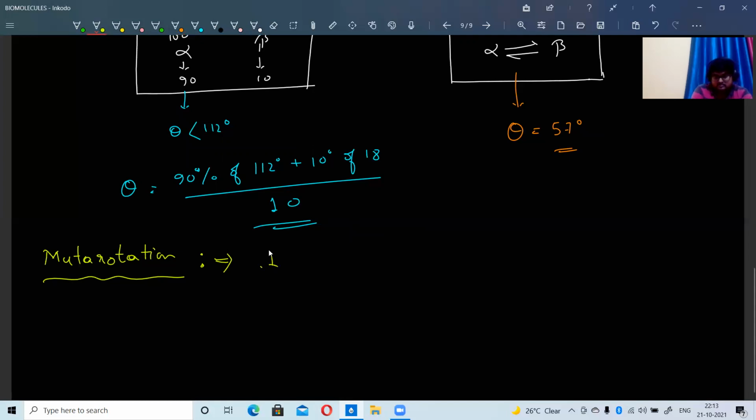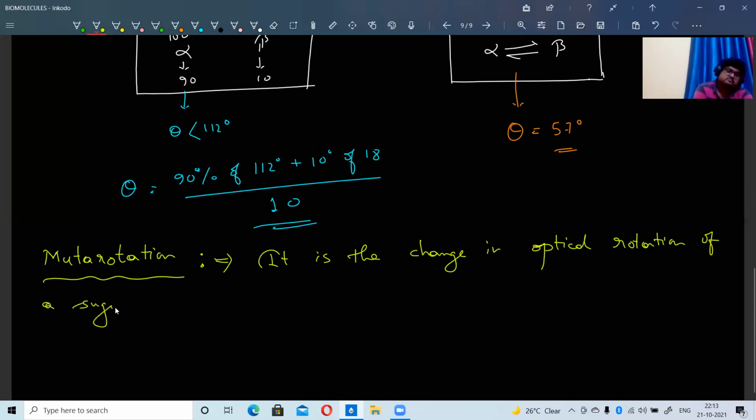It is the change in optical rotation of a sugar solution with respect to time.